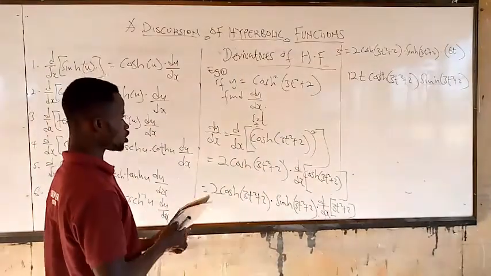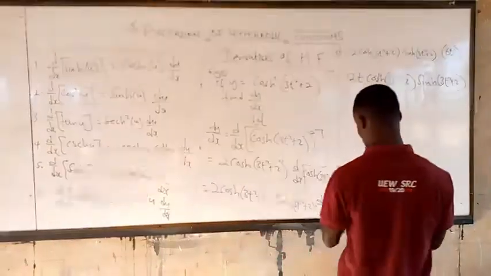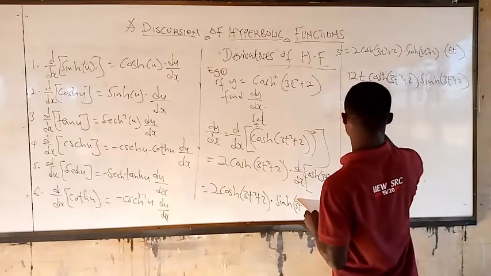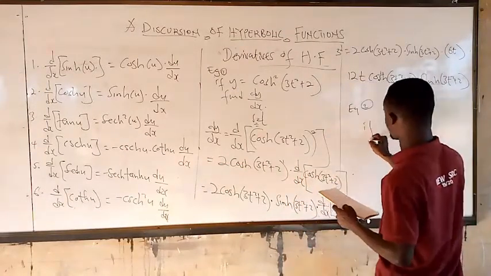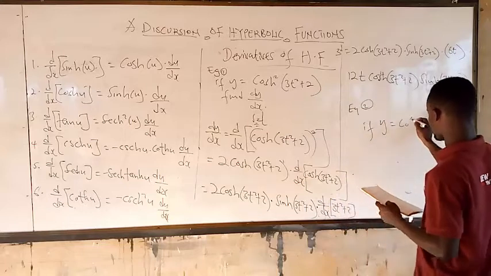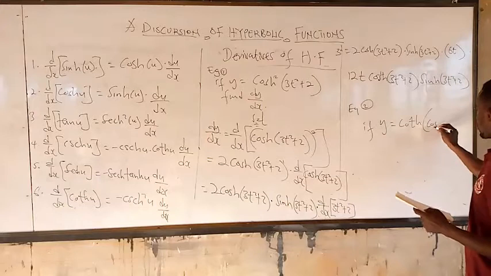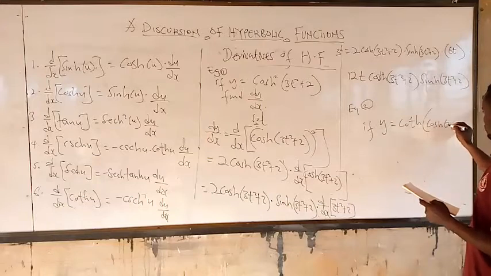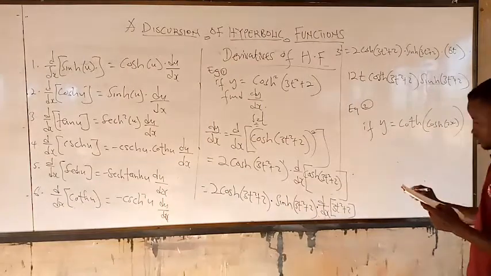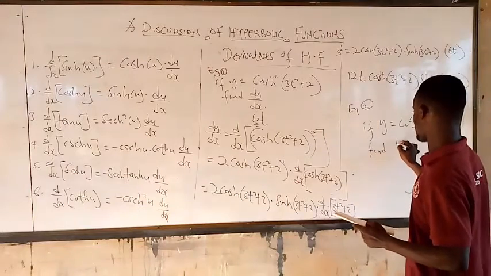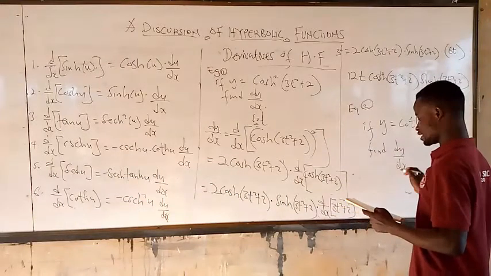Let's try, or you will try, example 2. If y is equal to cot of cos 2x, find dy/dx.